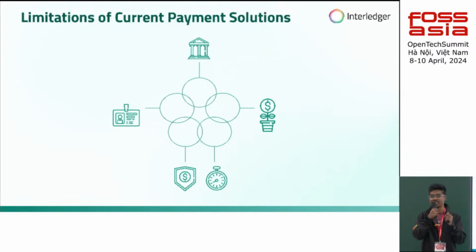You have to deal with regulations, and the payment systems are not interoperable. There are a lot of challenges with that. And if you want to buy a service, you first have to enter your card details, set up your wallet and then make a payment. This cumbersome process makes it hard for people to sign up for services on the internet.